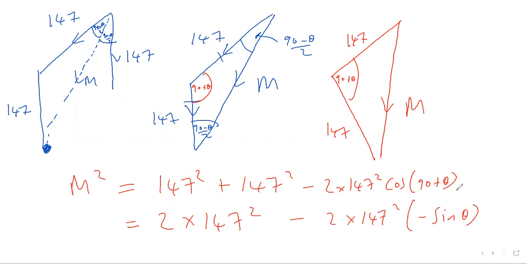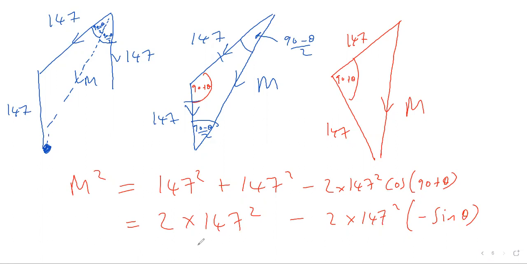You don't have to explain how you go from cos 90 plus theta to minus sine theta. You don't need to waste your time doing that. It's one of those facts that you don't need to explain. You can explain it using a graph, so you don't have to do any maths to explain that.